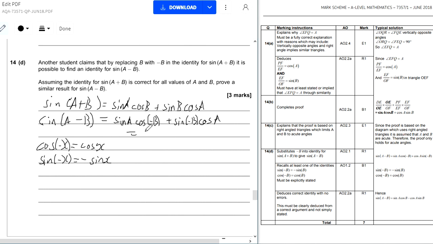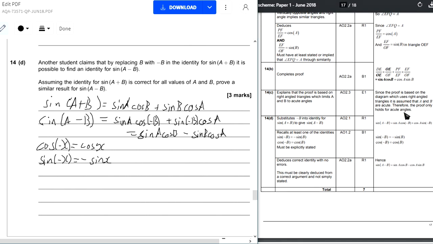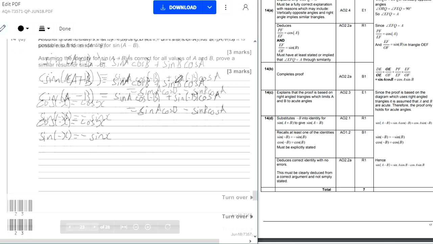And so if we replace that here, that's just going to give us sine A cos B minus sine B cos A. And that's our identity. As you look at the mark scheme, that's exactly what's happened. There's your 3 marks. Your first mark is substitution, second mark is doing this, third mark is completing the algebra.